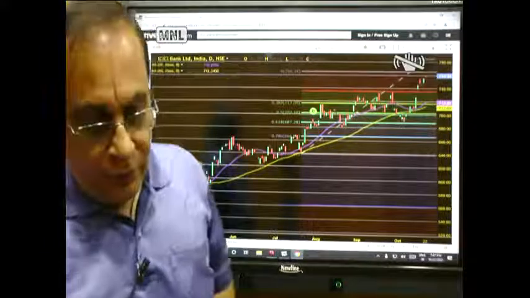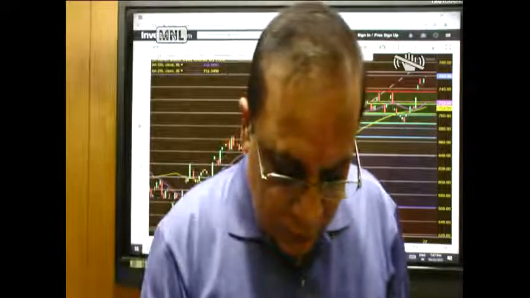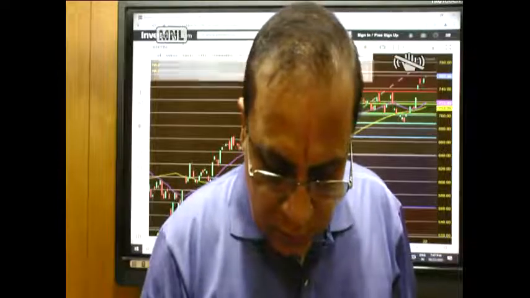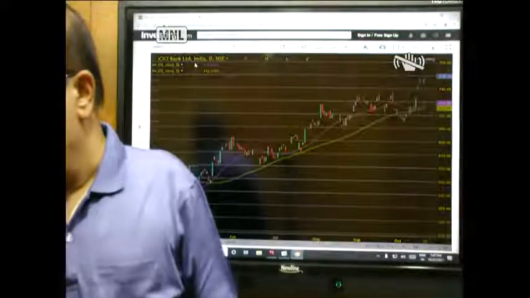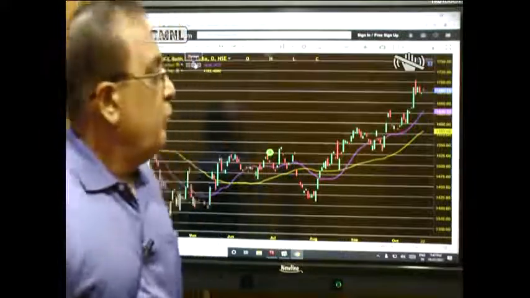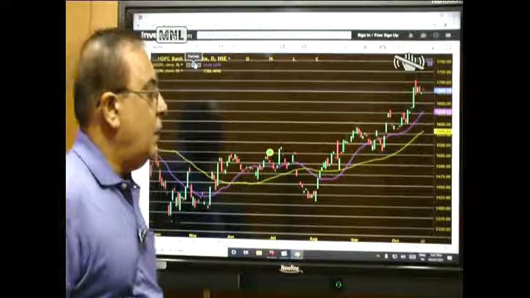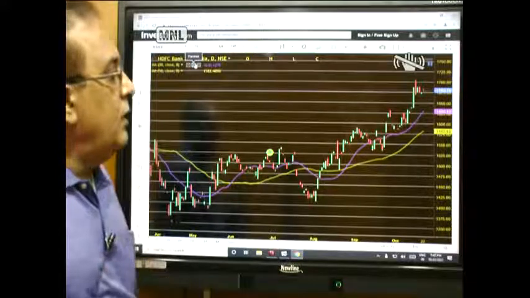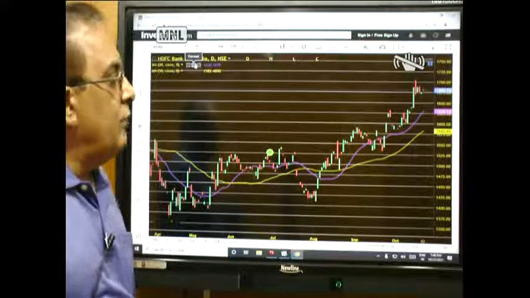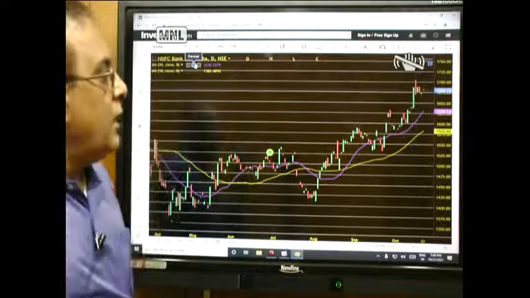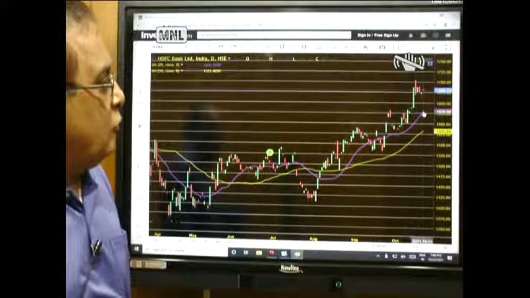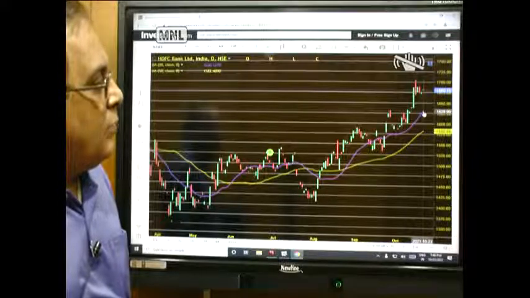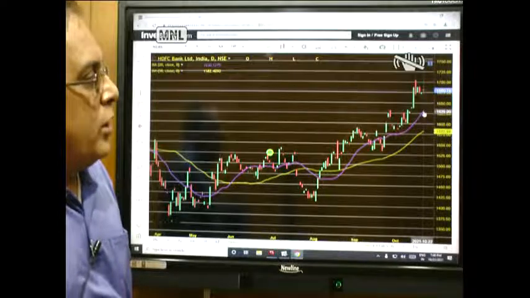HDFC Bank now, a little bit of a struggle, and if it starts to go below today's low, then we can probably look towards confirmation of a lower top.